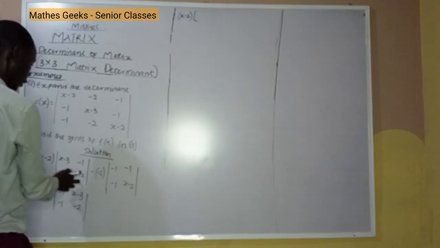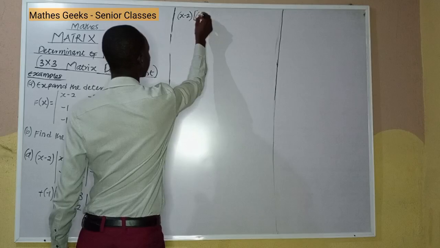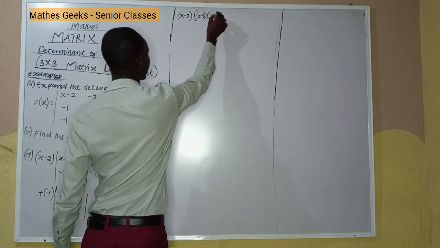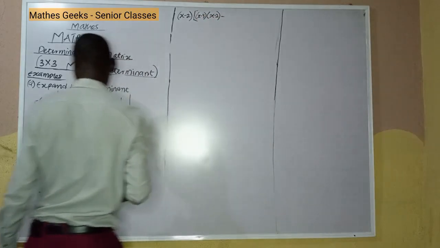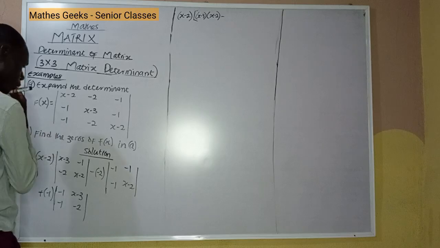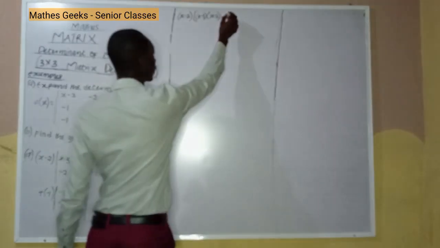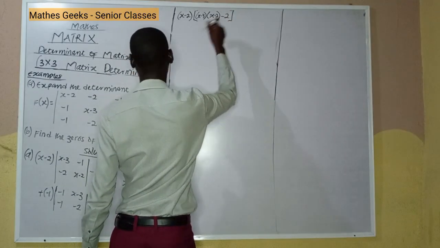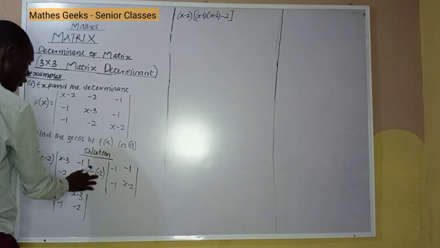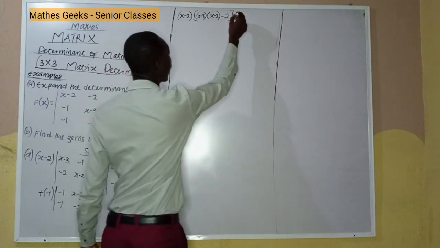So here, x minus 3 times x minus 2: minus 2 times minus 1 is plus 2. And here, minus times minus is plus 2.